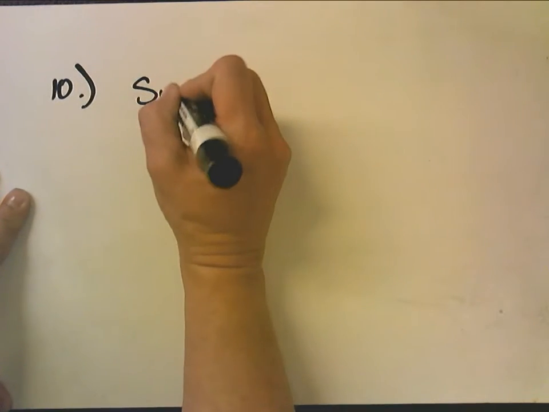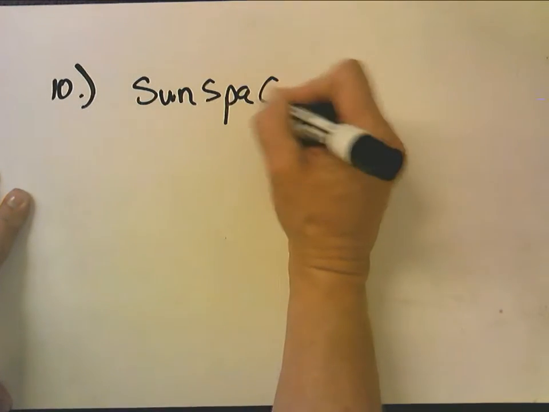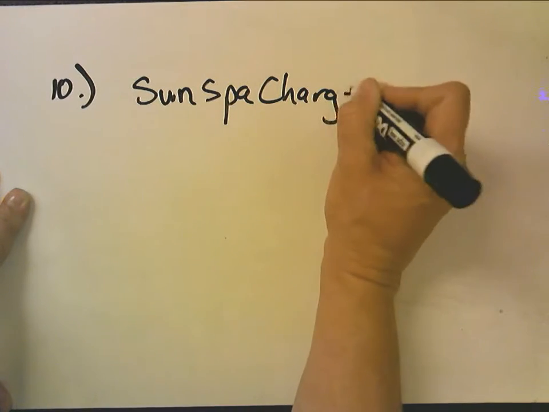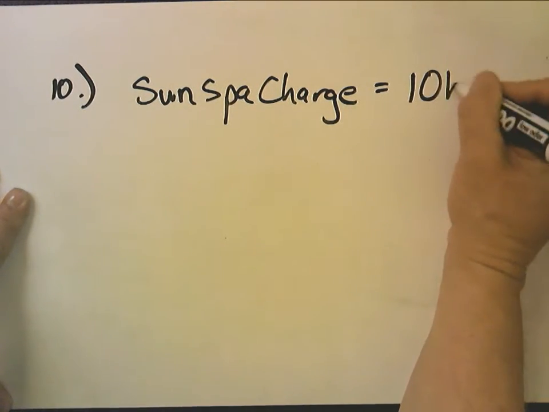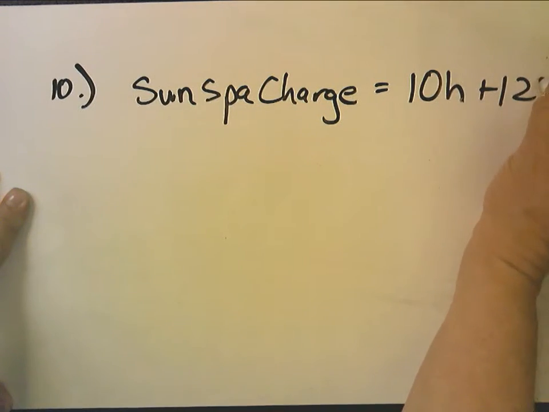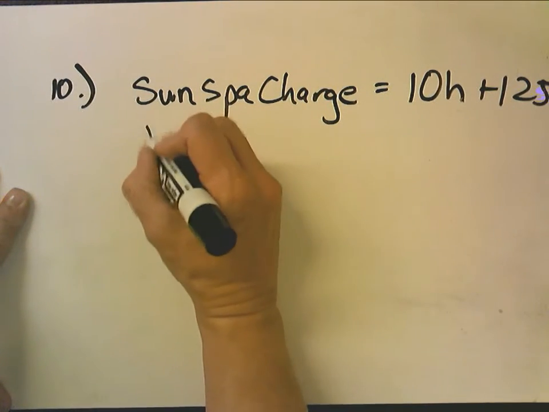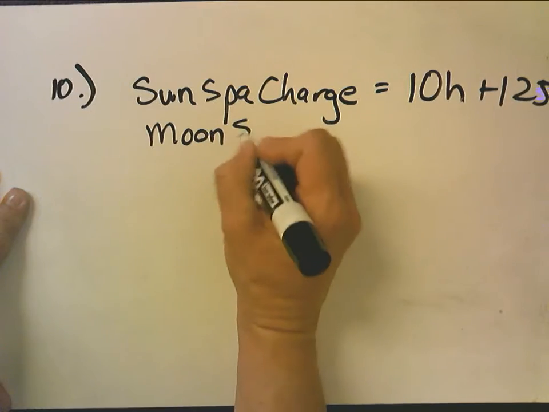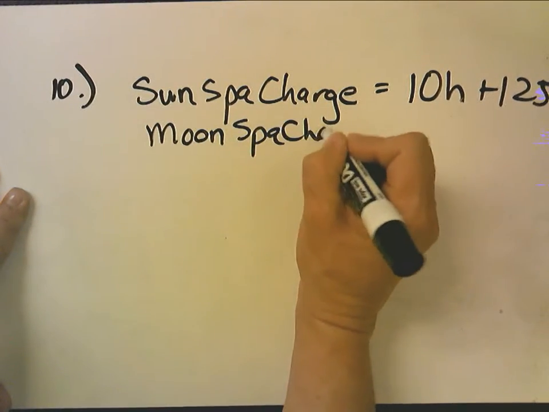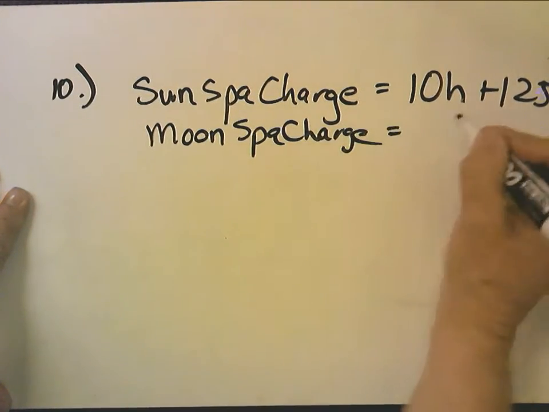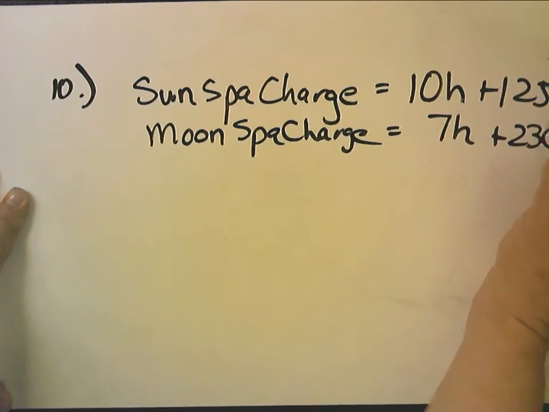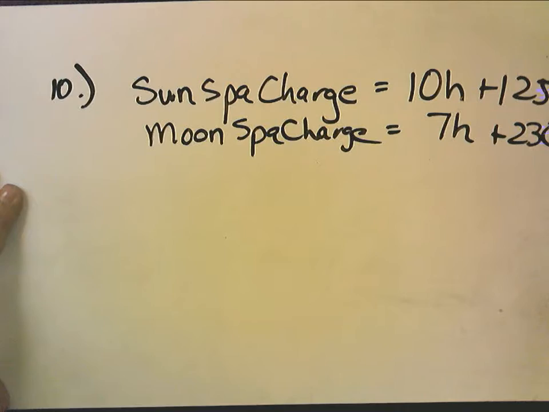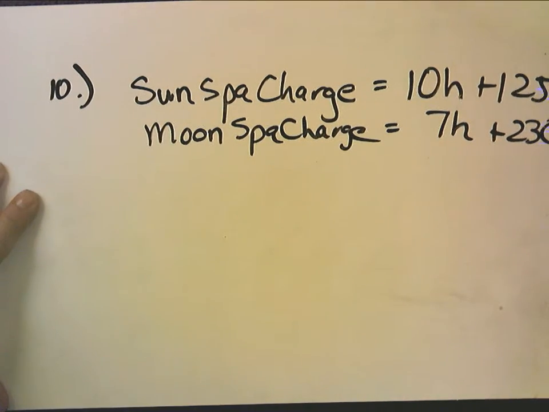So the Sun Spa charge is 10 per hour plus 125. The Moon Spa charge is 7 an hour plus 230. For how many hours would the two spas charge the same?